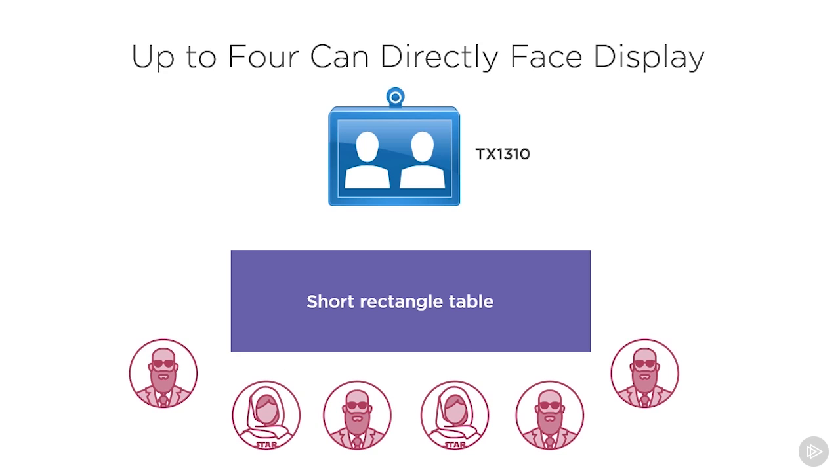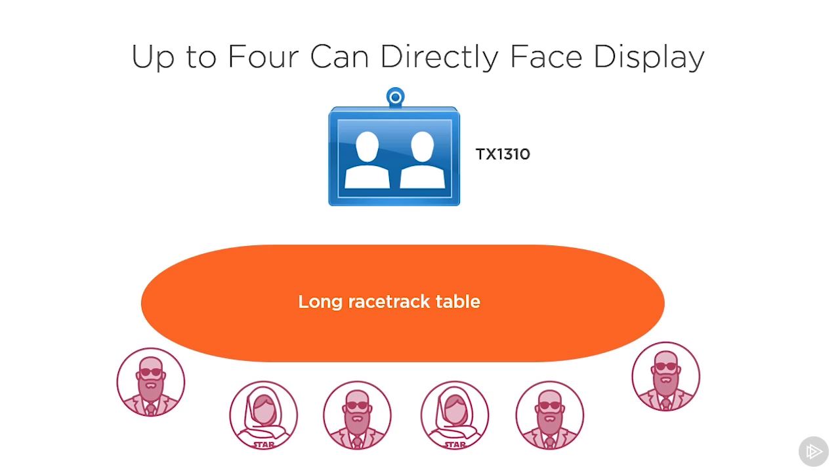We can have 4 people directly face the display of our TX 1310 if we're using a short rectangle table. And we can also have 4 people directly face the display of our TX 1310 if we're using a long racetrack table.